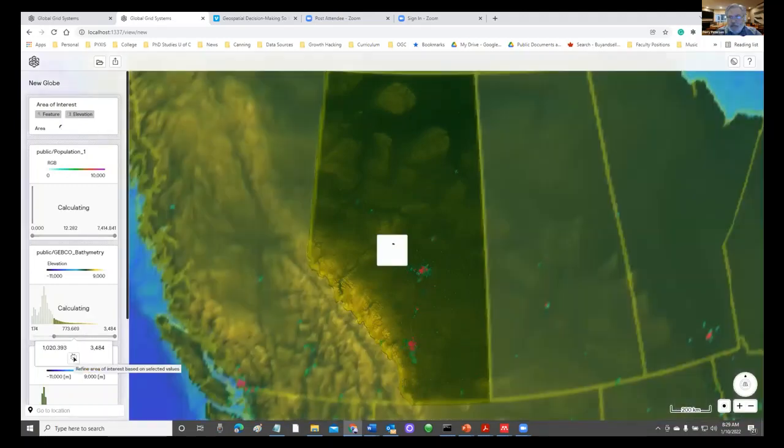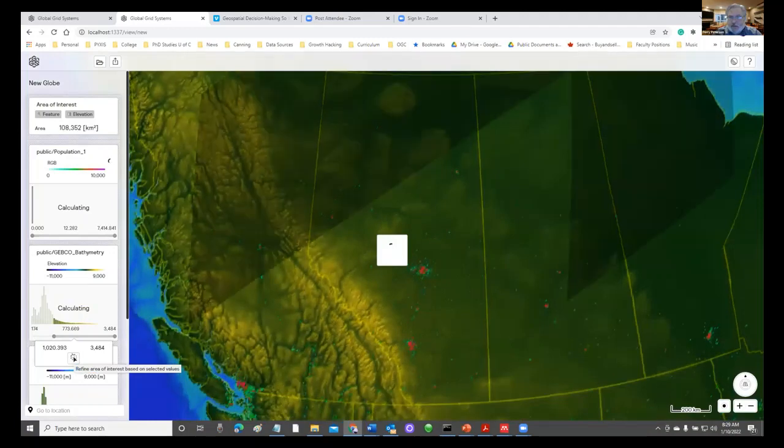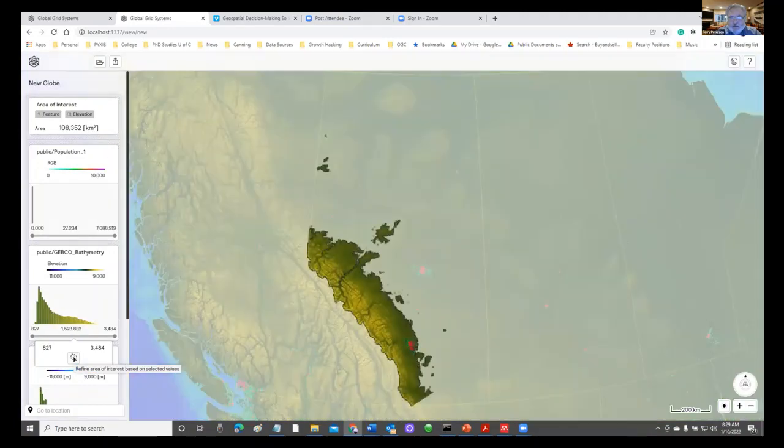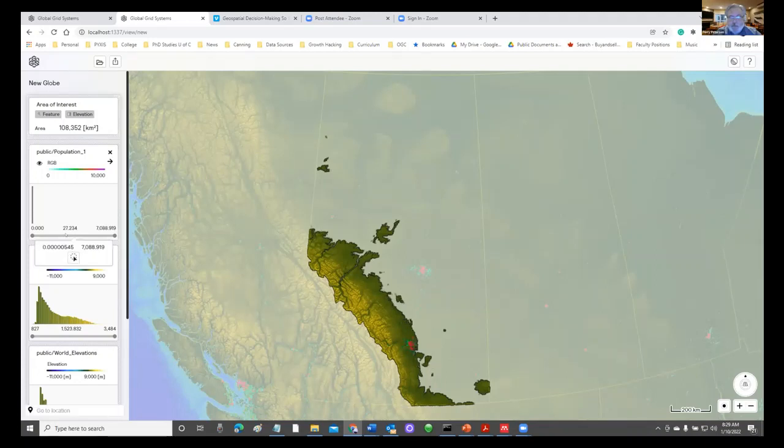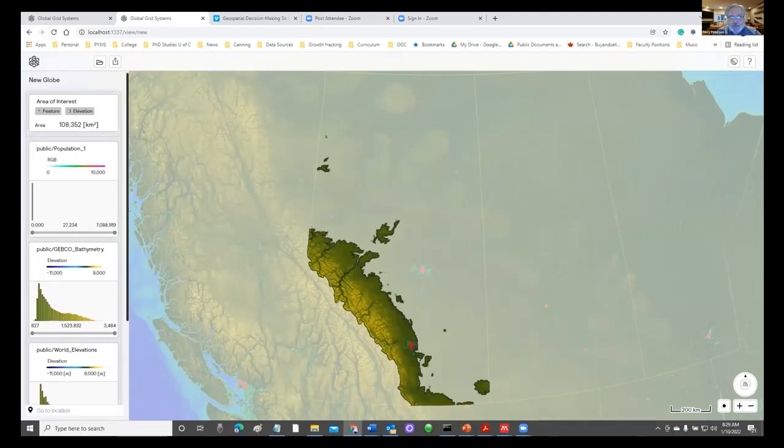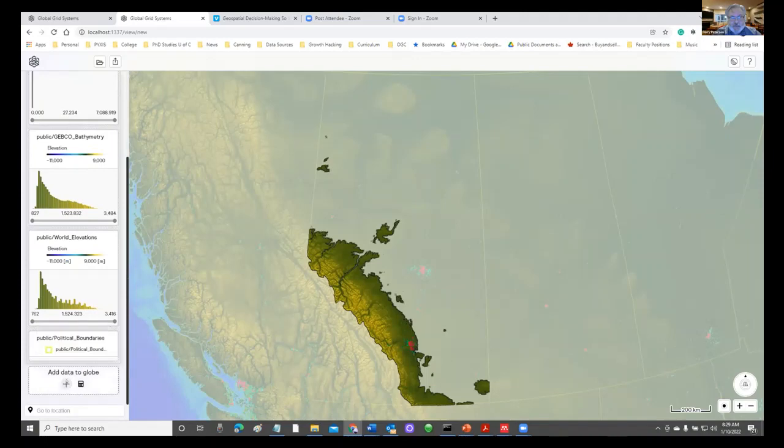I can say sub-select on that, and that's that elevation there, that it's above 1,000 meters. And we find that primarily because Calgary is in that set, we have about 27 people per square kilometer. Of course, if I multiplied that by the area that I've generated there, I would have the amount of people that are located. We could add some more data just to make it interesting.